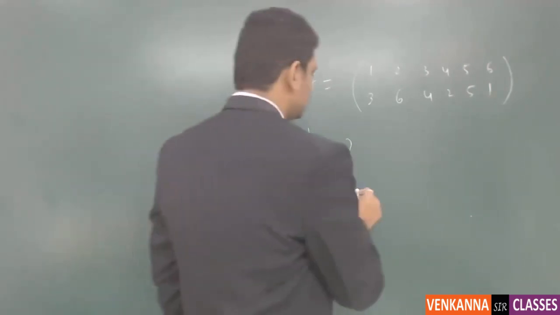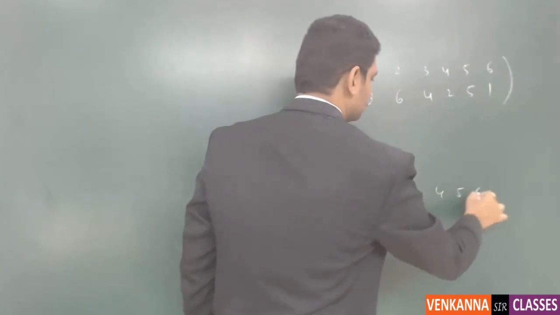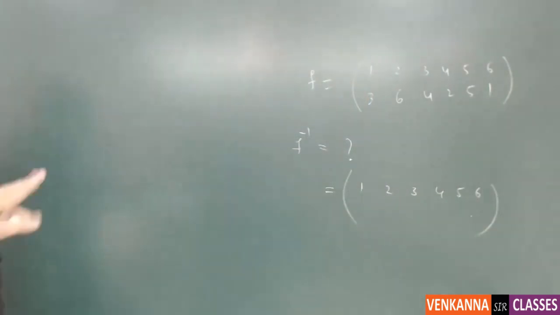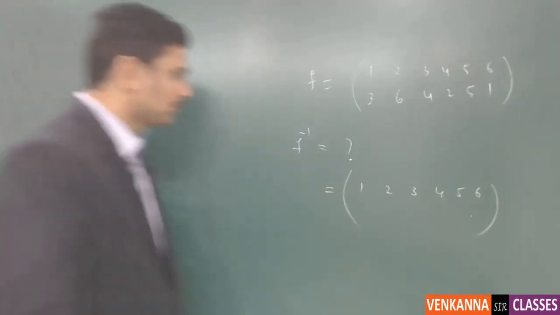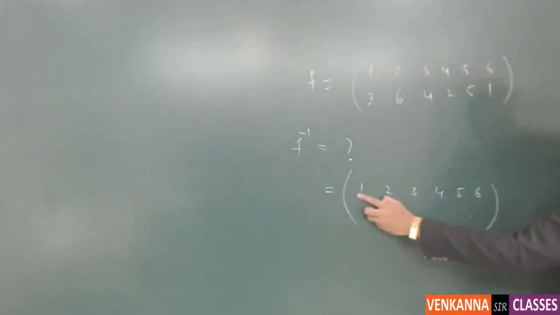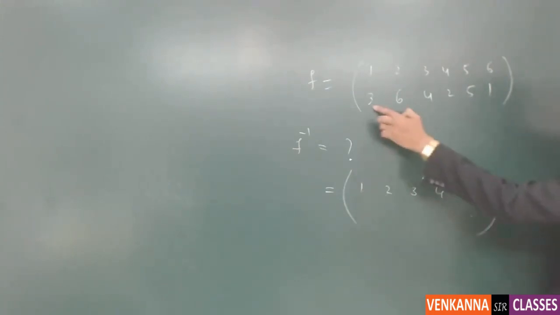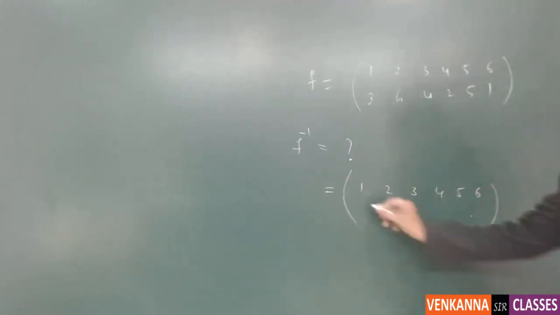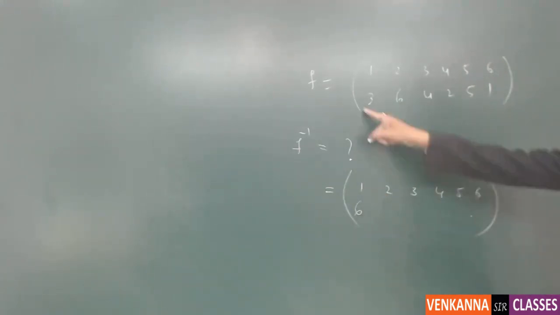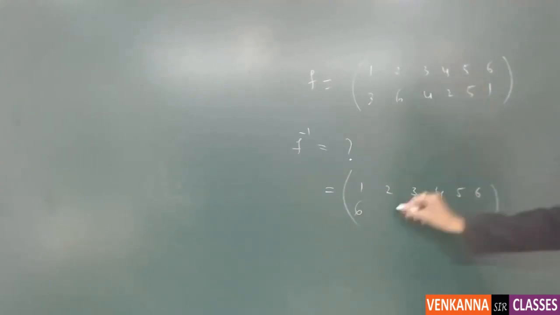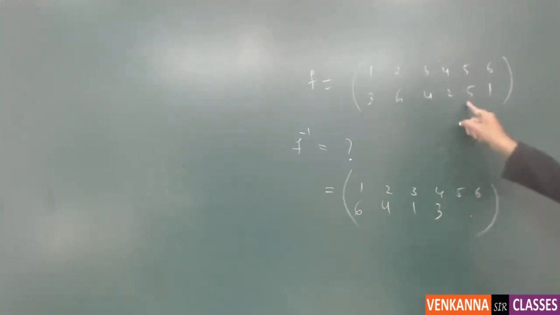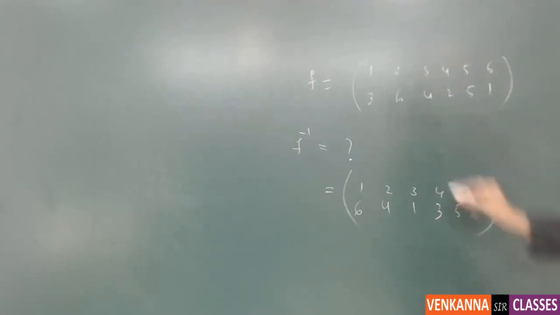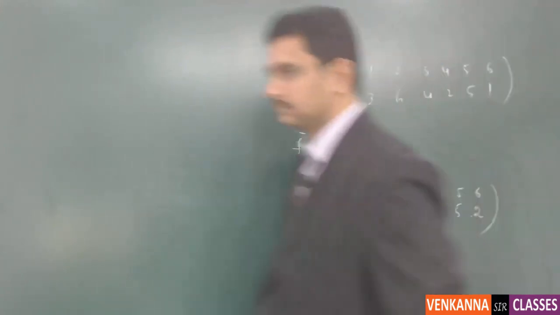It is the reverse thing you are calculating. If you want to calculate the image of 1, in the denominator you check where 1 is. Here 1 is there. What is the upside value? 6. We take 6 here. For 2, the image is 4. For 3, 1. For 4, 3. For 5, 5. For 6, 2. We will write like this. Clear?